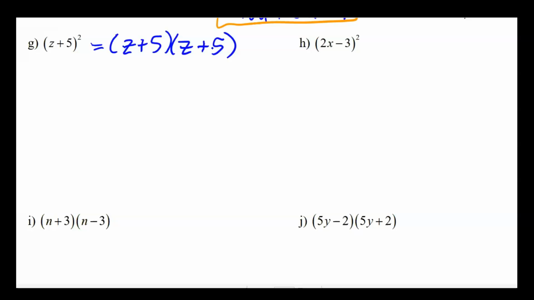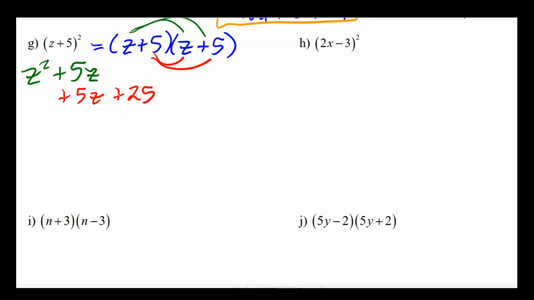I expect to see that you actually expanded it out into what it actually is, because then it's a 2x2 set. And then I do the same thing as I've done before. So I'm distributing z squared plus 5z, and I'm distributing the 5 plus 5z plus 25.